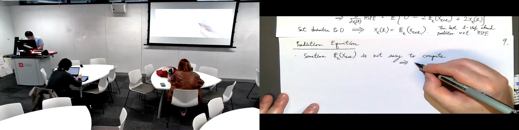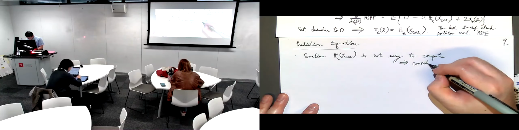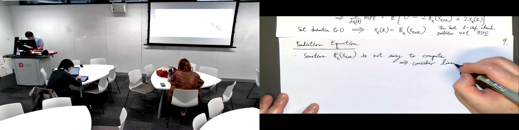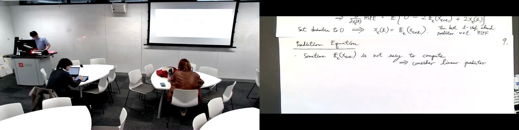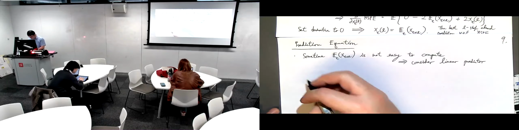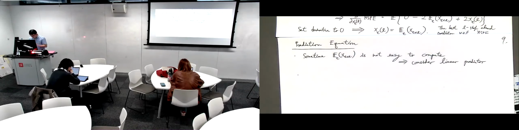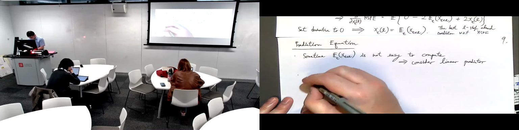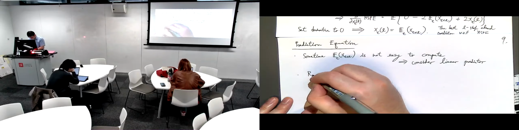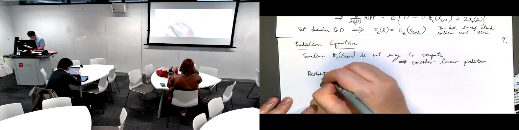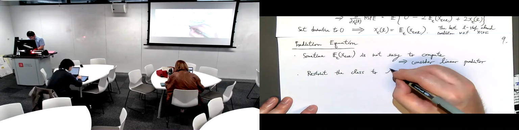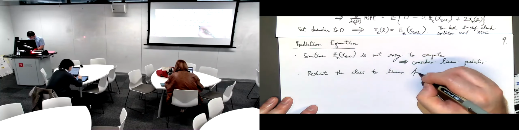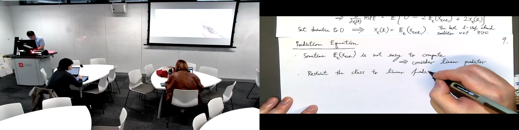So then we consider a linear predictor. Linear in what? We restrict the class of linear predictors to be linear, of course, in the data that we have.